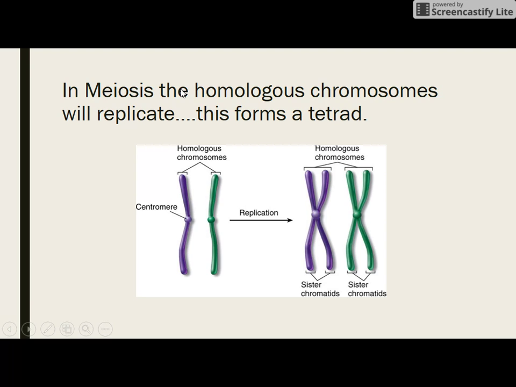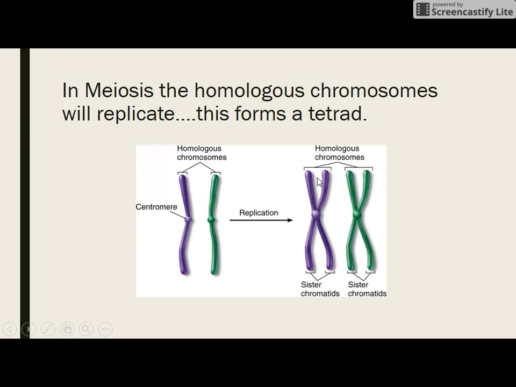So in meiosis, we also need to review some important terminology here with these homologous chromosomes. Just like we talked about cells copying their chromosomes for mitosis, these homologous chromosomes are going to go through an S phase of replication.